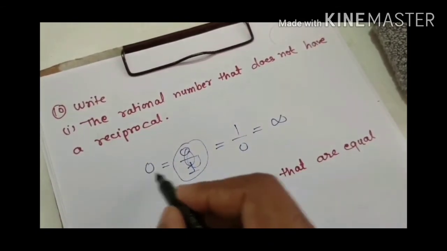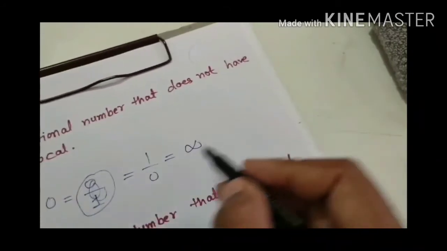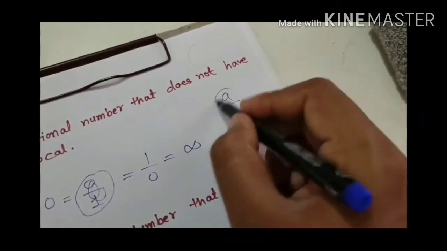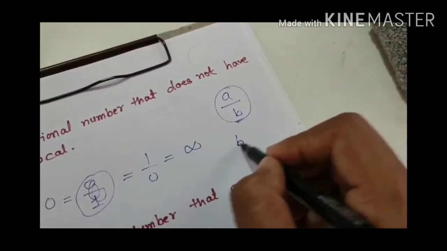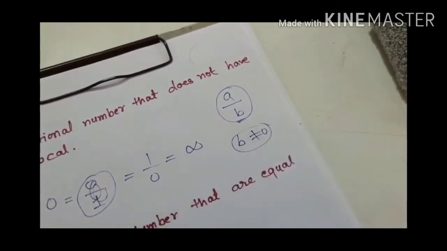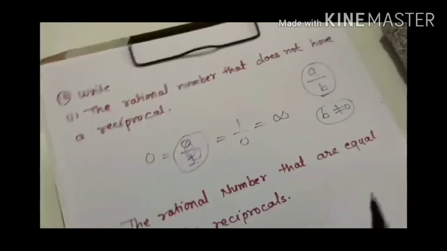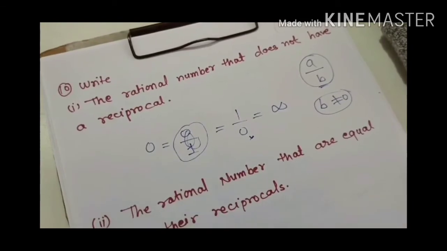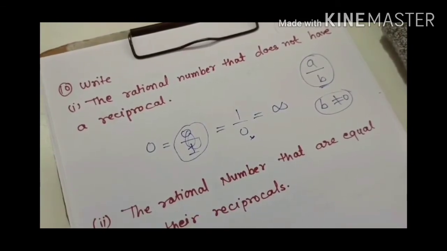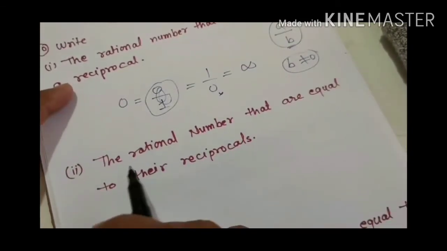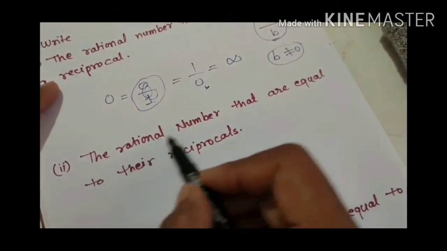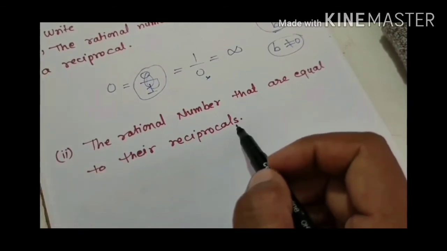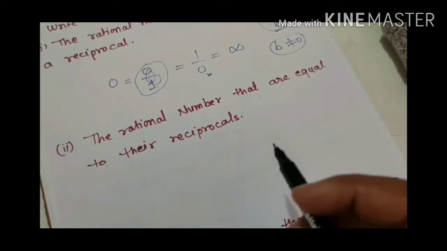So we can't write like this. A by b, and b should not be equal to 0. When I taught fraction, that time I said that p by q is a rational number where q is not equal to 0.